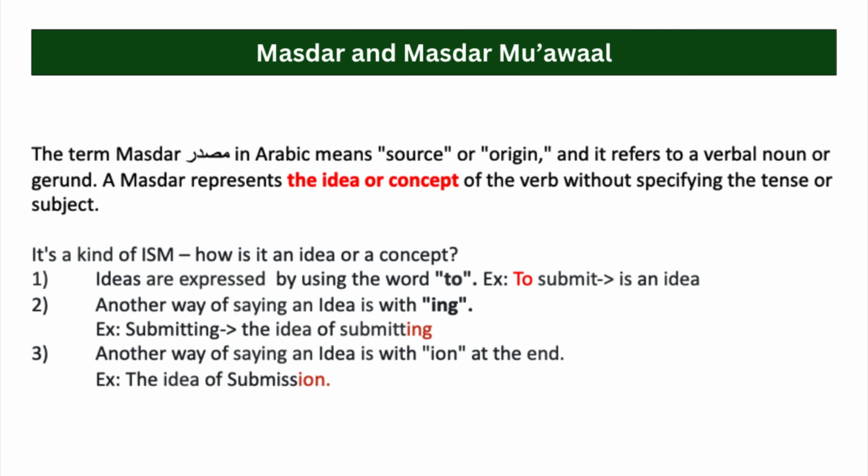Similarly, when we say submitting or submission, all of these are ways of expressing the idea of the action. So whether we say to submit, submitting, or submission, we are not talking about a specific person doing the action at a specific time. We are talking about the concept itself. This is exactly what a Masdar does in Arabic.